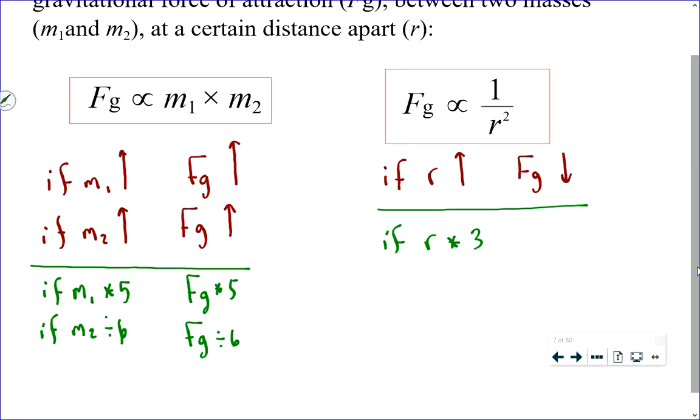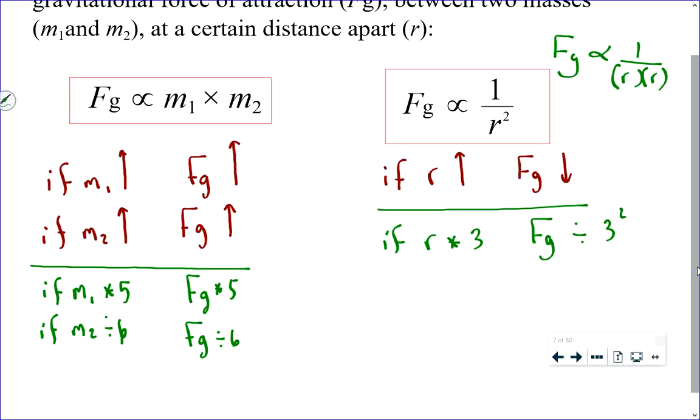So what this is saying is that the force of gravity is proportional to 1 over this. So whatever happens to r happens to the force. So what happens here is the force due to gravity is divided by 3 squared.